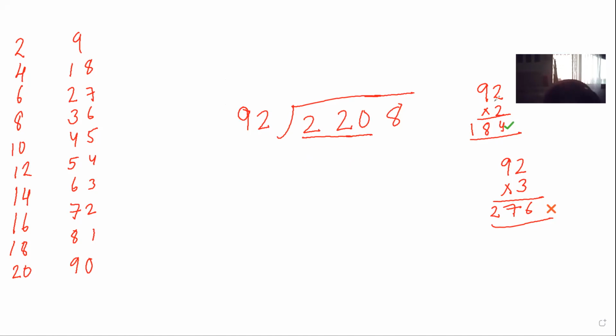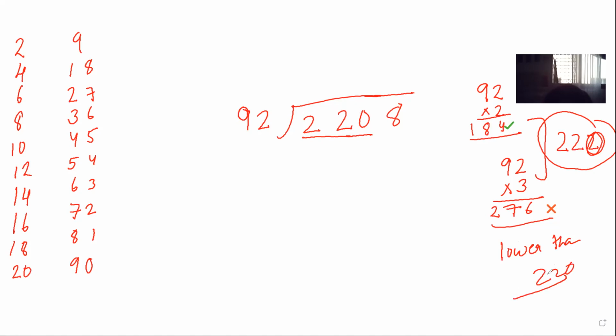Now I check 92 times 2 gives me what? 184. 92 times 3 gives me what? 276. And what do you have here? You have 220. Now tell me, you will choose 184 or 276. You always choose a lower number, which is lower than 220. Always. I cannot take a number bigger than this number.